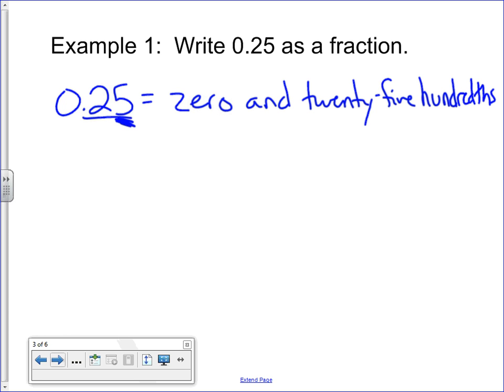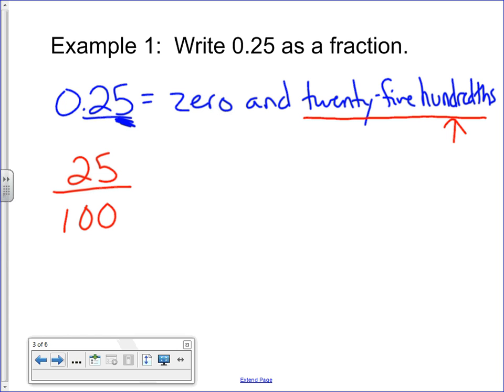Now, here's why I say this. In order to write this as a fraction, I'm going to write it exactly like what I see right here. I see 25 hundredths. So I'm going to put 25 as my numerator, and it says it's in the hundredths place, so I'm going to write the number 100 underneath. 25 over 100 is the same as 25 hundredths.